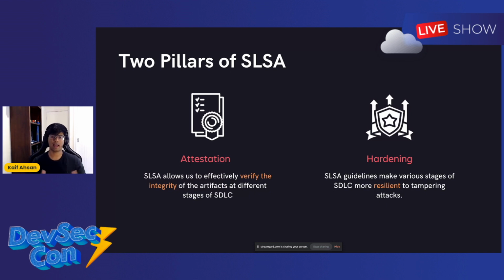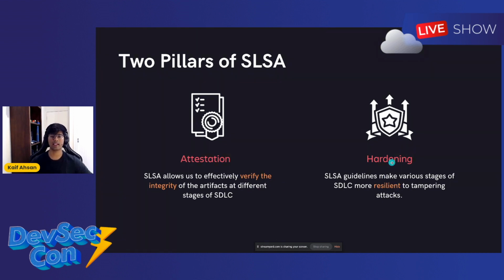Throughout that life cycle, something similar to a certificate is generated that can be used to verify its integrity. And the SLSA steps prepare your infrastructure for those integrity checks.